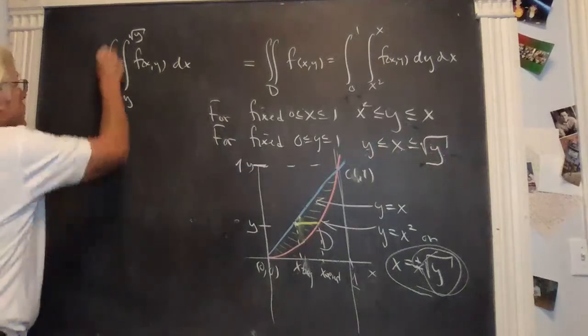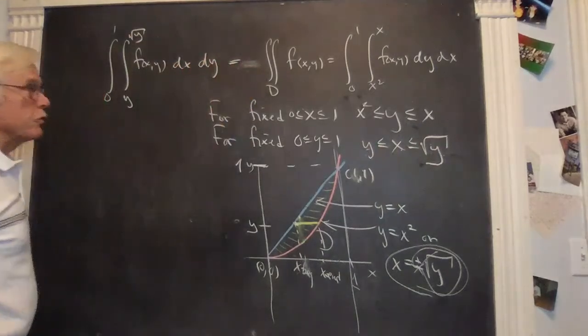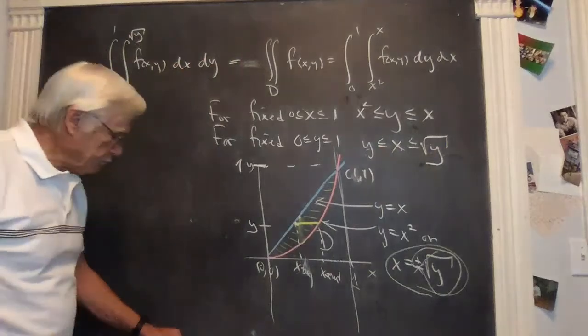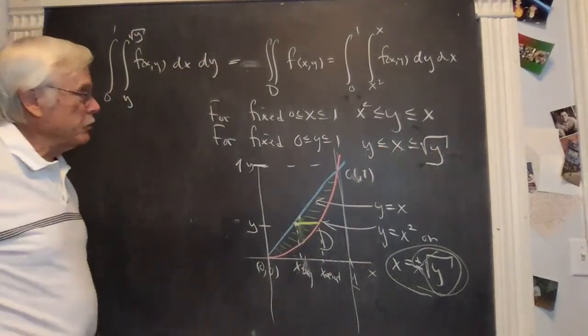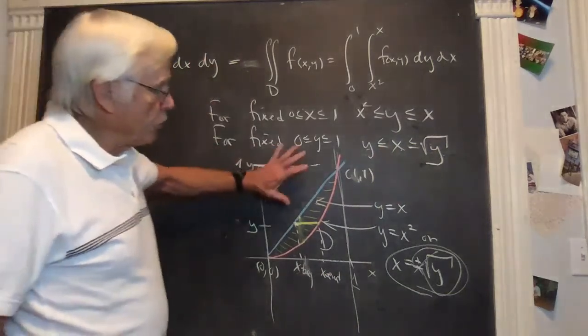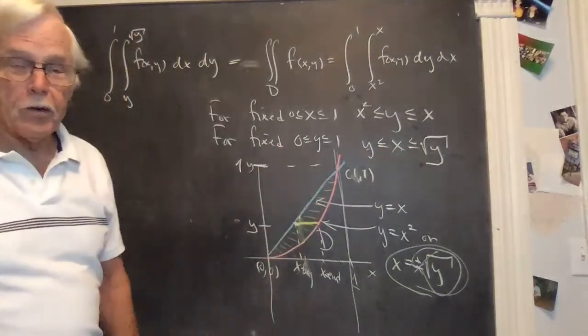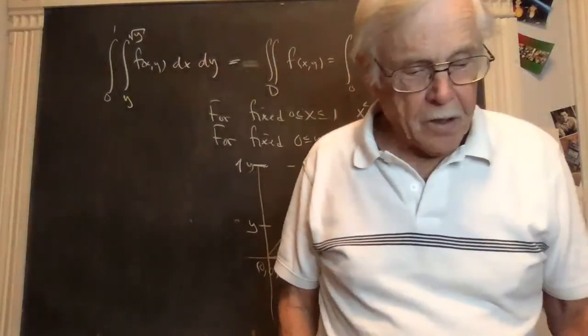And then y will go between 0 and 1. So this is two ways of doing this same integral. Most of these problems are some kind of theme about this. You'll want to be able to identify the regions and integrate over these regions. So practice these with Mathematica as well.